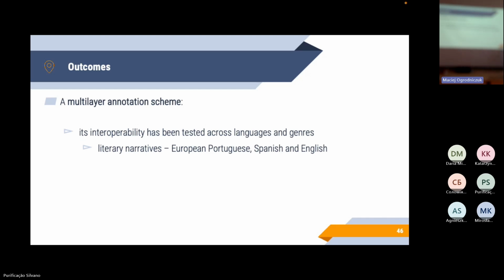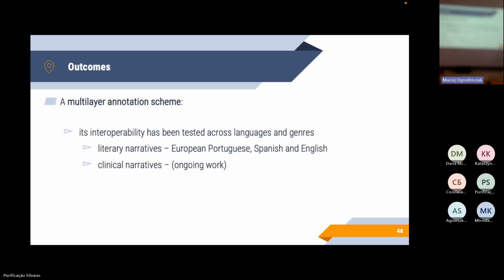We are going to present a paper in October with an experiment of annotating Harry Potter. A part of Harry Potter, not all, in European Portuguese, Spanish, and English. And of course, there were some adaptations that we had to do because of the language specificities with English, for instance.